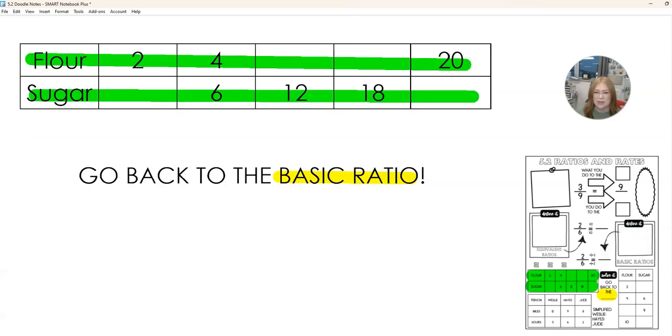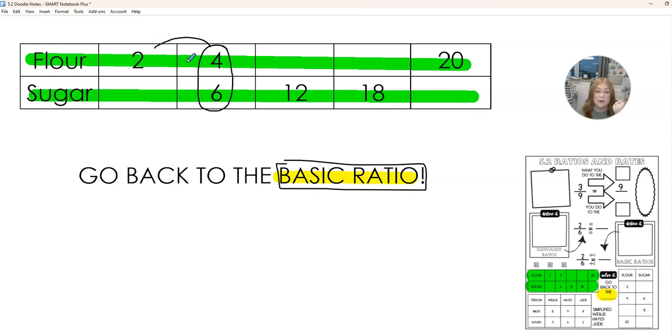So let's try out some practice here. We're going to go back to that basic ratio every time. Always come back to the basic. So we're going to look for a line where we know all the information. Oh, here we have flour and sugar. Let's circle that one so we know this is where we're starting. We're trying to get back to the basics. So I'm asking myself, how do I get from 4 to 2?